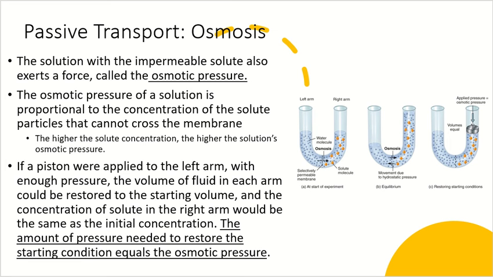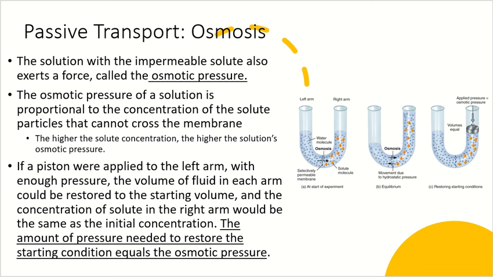So the solution with the impermeable solute is also going to exert force on that membrane, and this is called osmotic pressure. So the osmotic pressure of a solution is going to be proportional to the concentration of the solute particles that cannot cross the membrane. So the higher the solute concentration, the higher the solution's osmotic pressure is going to be.